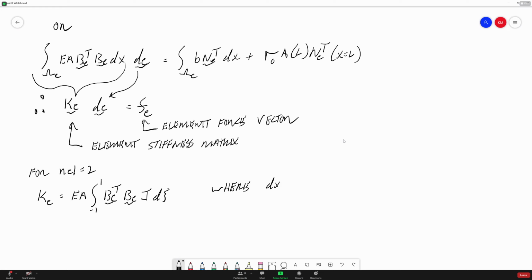See, I replaced this dx right here. I don't want to jump too far here. What I'm showing you is that dx is equal to the derivative of x with respect to C, dC, which is equal to the Jacobian times our dC. So that's where that term comes in, Jacobian dC.